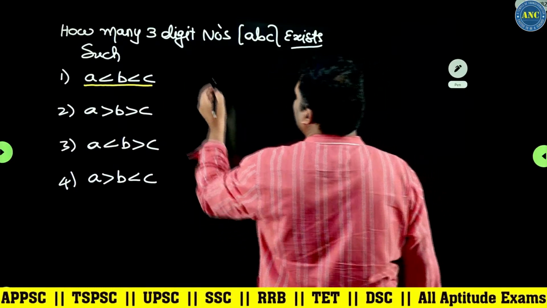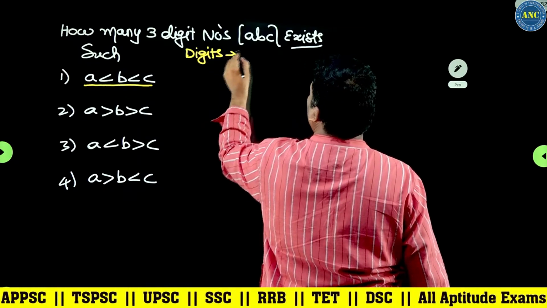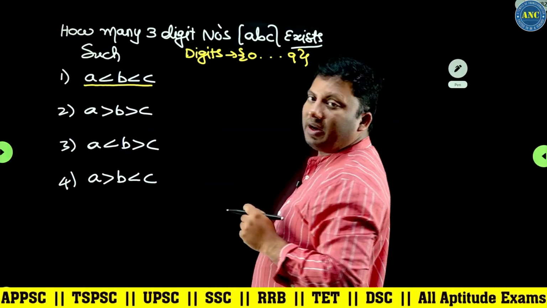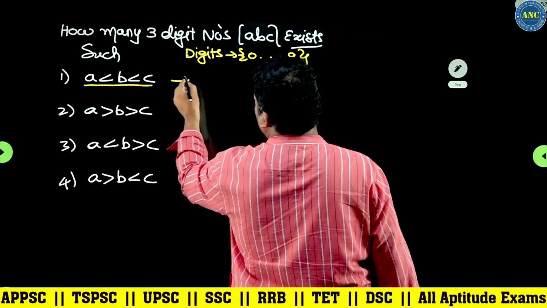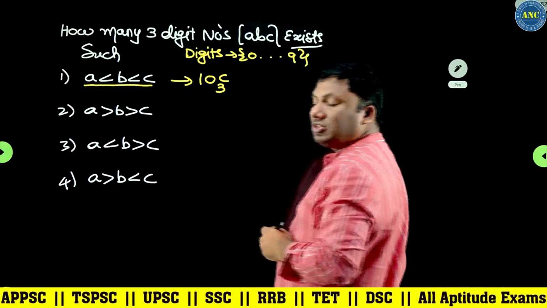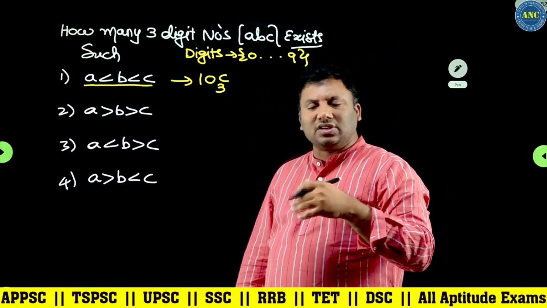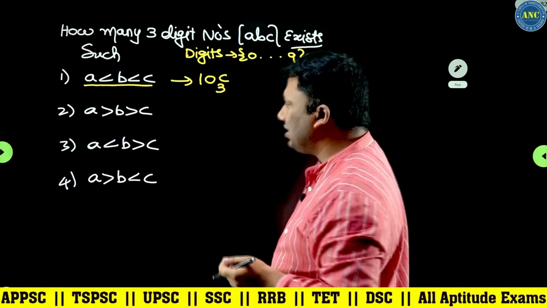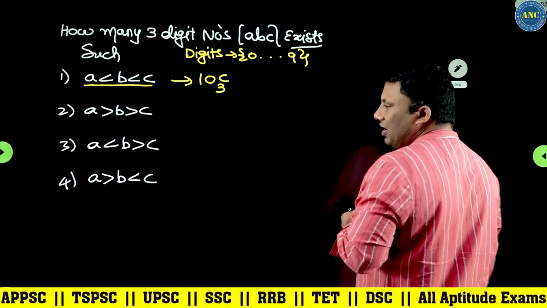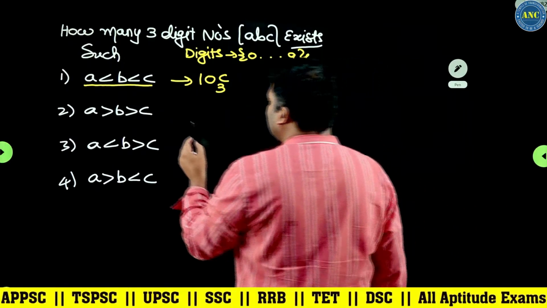The digits are from 0 to 9, so there are 10 digits. Select any 3 digits and you will find them in ascending order: 10C3. Suppose you take 1, 4, 5, they are in ascending order, and 5, 4, 1 is descending order.